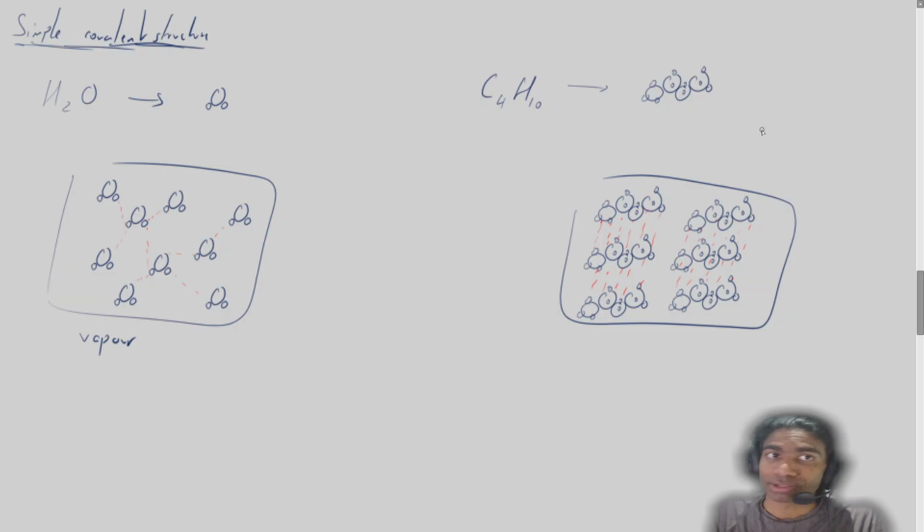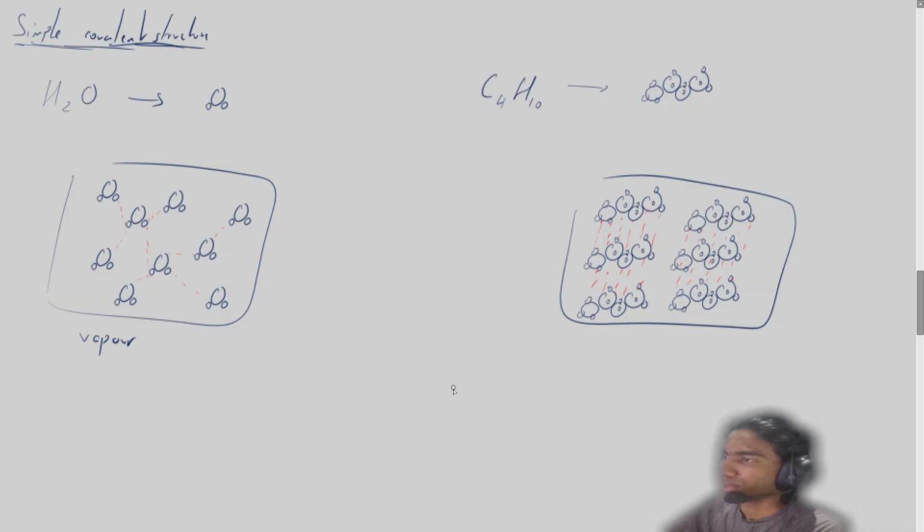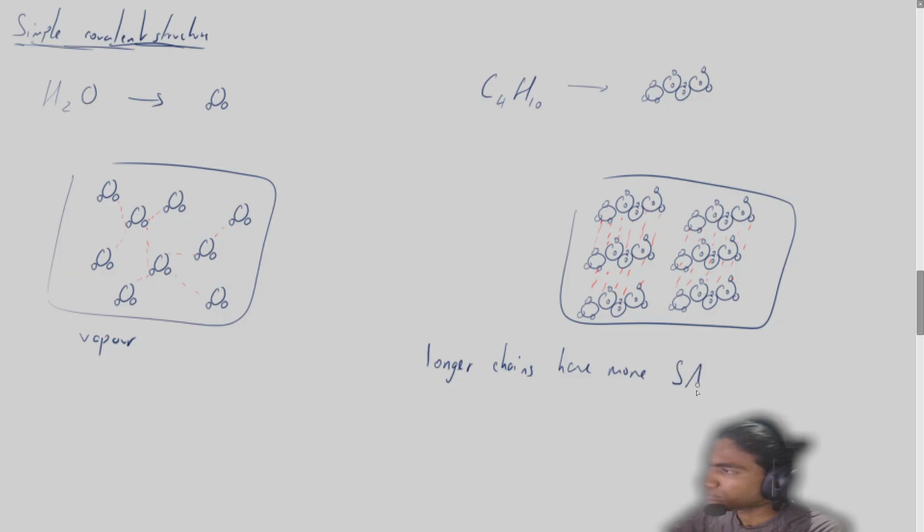If it has a medium chain, then it could be a liquid. And if it's very small, then it probably will be a gas. So that's one of the features that affects whether it's going to be a solid, liquid, or gas. The key point is that longer chains have more surface area for forming intermolecular forces.